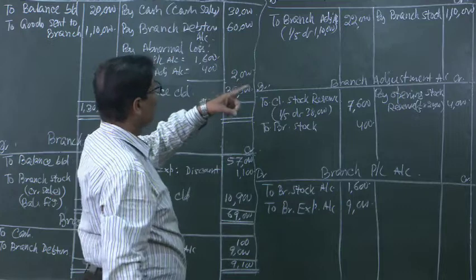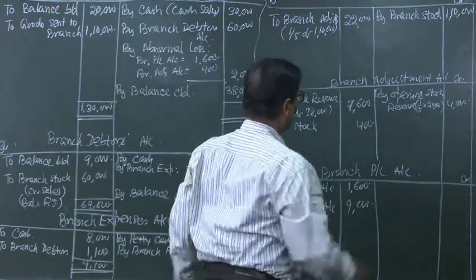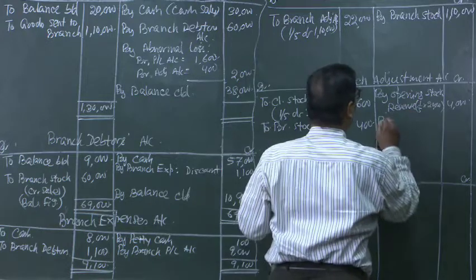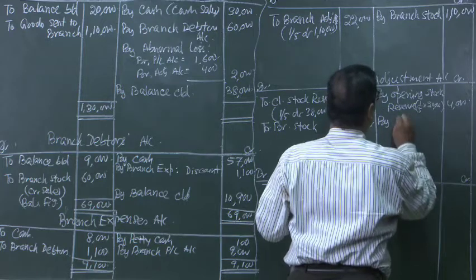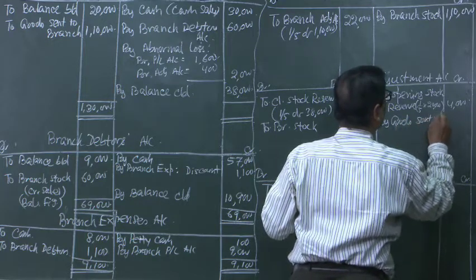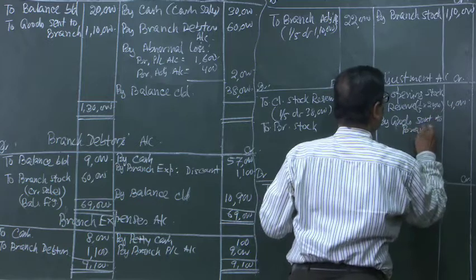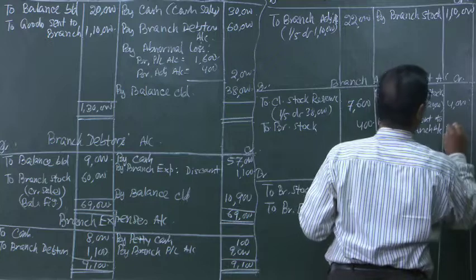This 22,000, the entry is goods sent to branch account debited to branch adjustment account, or branch adjustment account is credited by goods sent to branch account, that is 22,000.